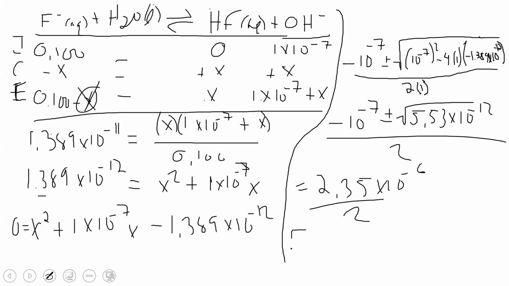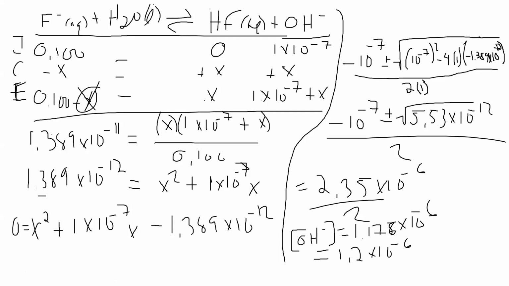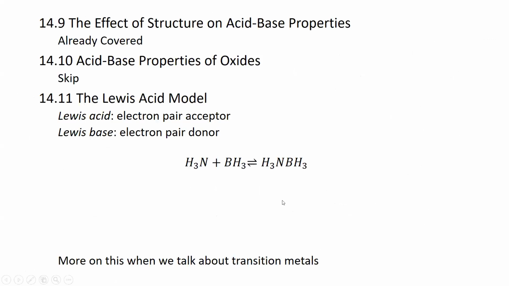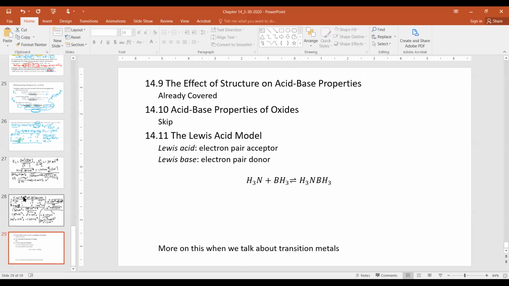So your concentration of hydroxide should equal 1.175, or 176, times 10 to the minus 6, or 1.2 times 10 to the minus 6, okay? And then you can take that value and we're gonna insert a new slide.